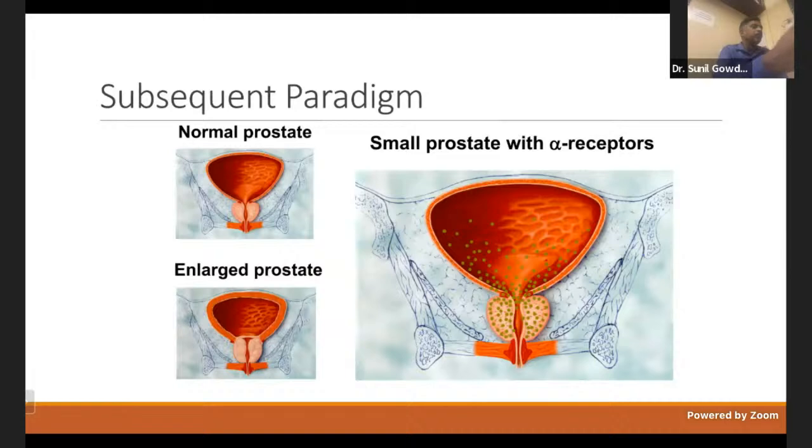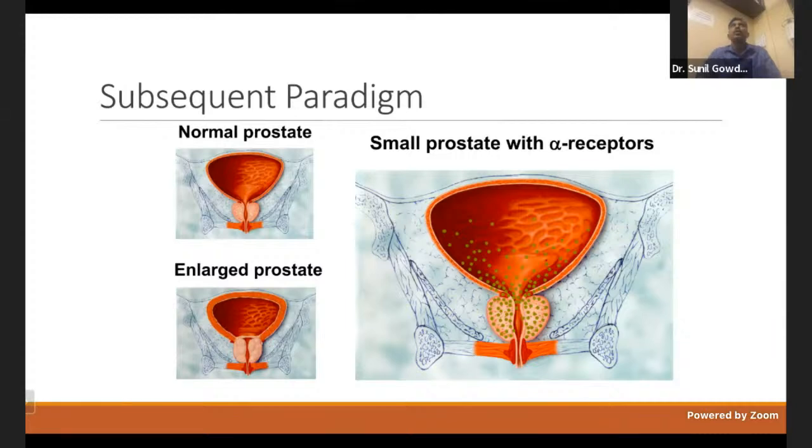Moving on to the subsequent paradigm, they also showed that in the normal prostate there was a thin bladder wall, whereas as the prostate enlarged, the bladder wall became thickened, and this thickened bladder wall and the changes in the bladder wall detrusor muscle were responsible for the lower tract symptoms in enlarged prostate patients.